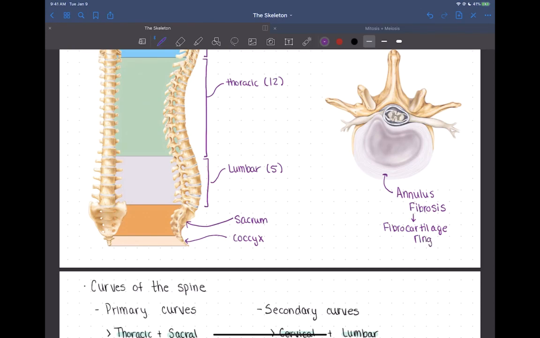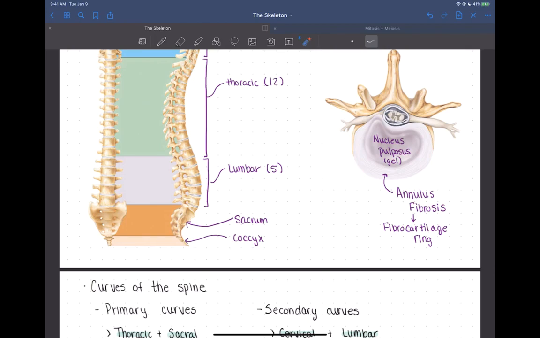The middle of it has a gel pad called the nucleus pulposus. I'll just write it in the middle. This is the nucleus pulposus, and we'll put in here it's a gel-like substance. So you have this outer ring of fibrocartilage surrounding that gel-like nucleus pulposus.